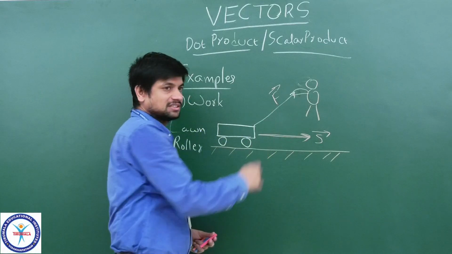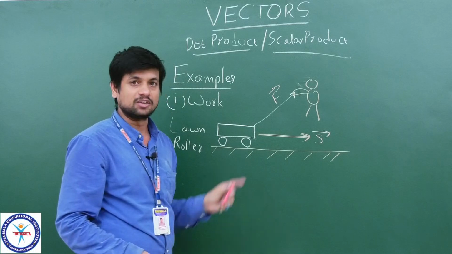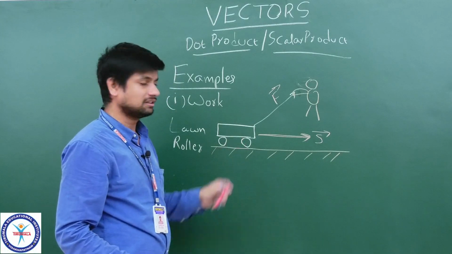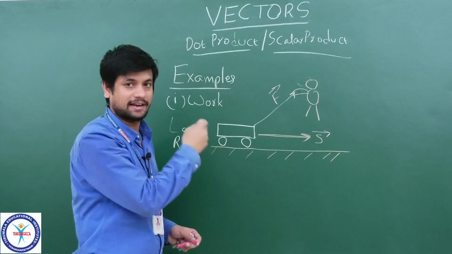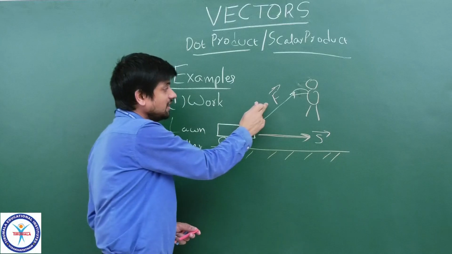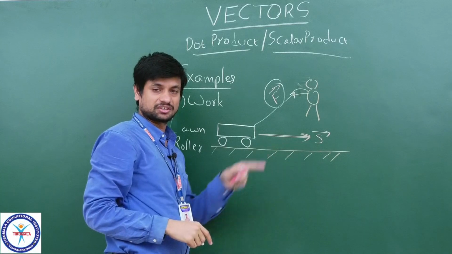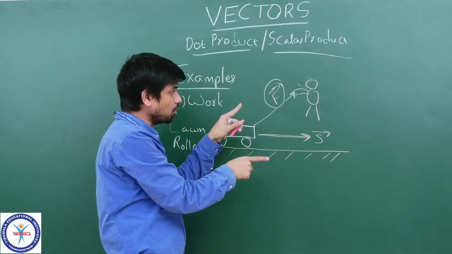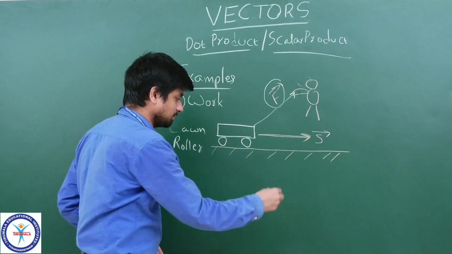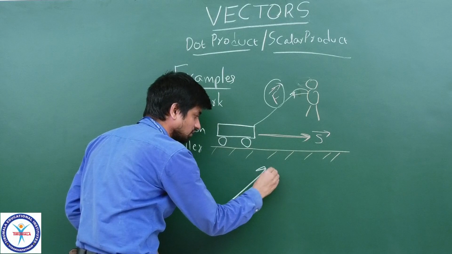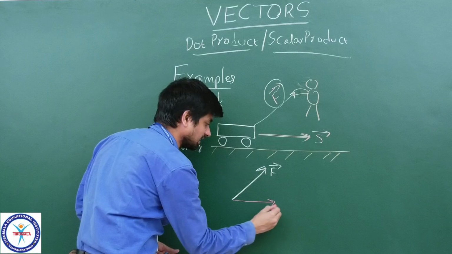So the person who is applying force to drag this, in which way does he want to move it? Horizontally on the land. It sticks to the land, right? So he applies the force F, but the displacement takes place in this direction. Are they both in the same direction? No, both are different directions. That means if this is the force vector, its displacement is this side.